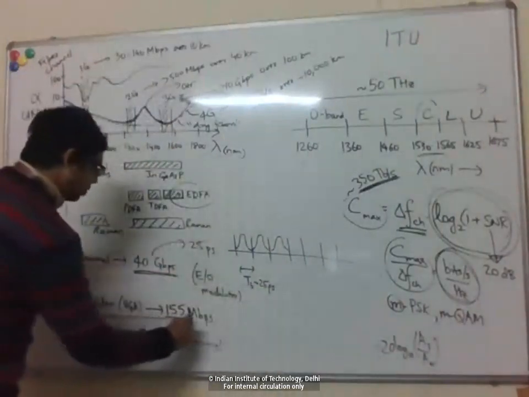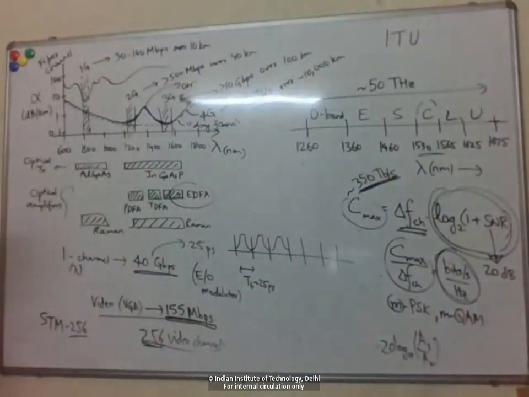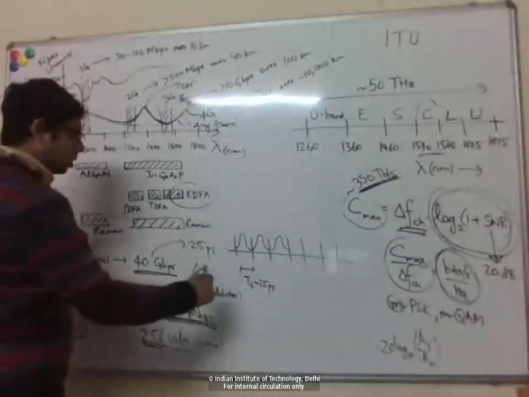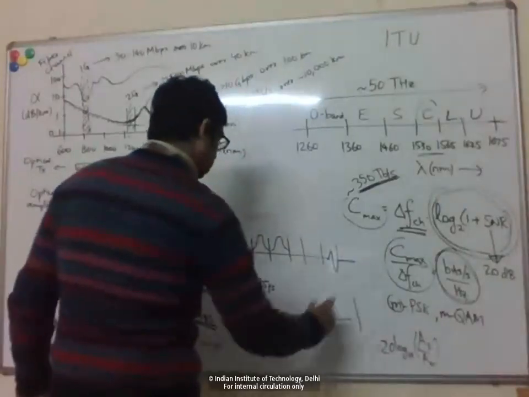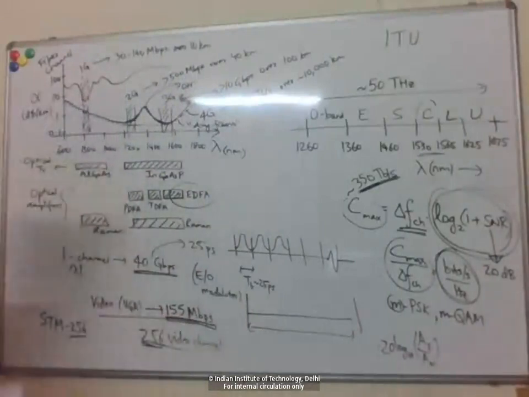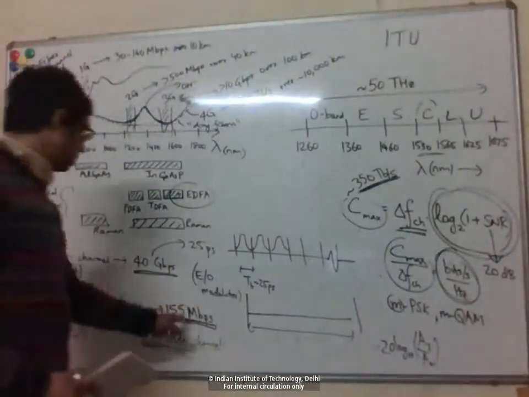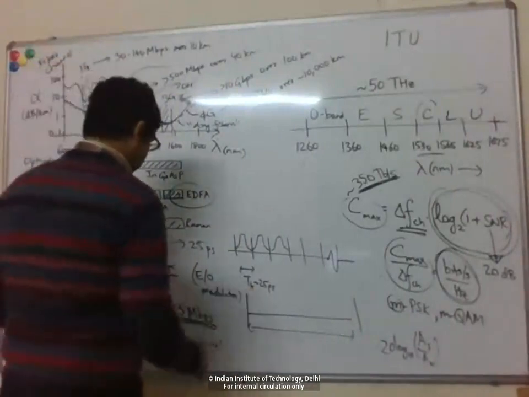Now if you look at this 155 megabit per second, the video bit period corresponding to this data rate is 256 times this.